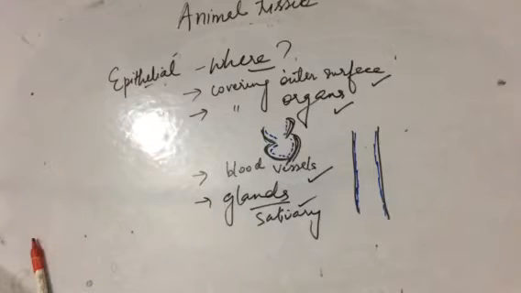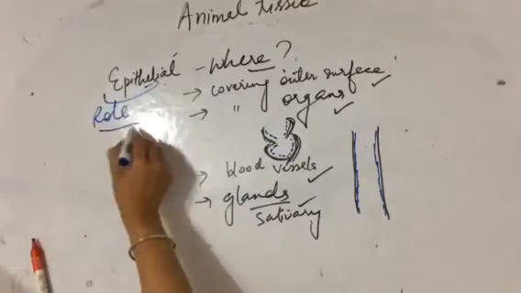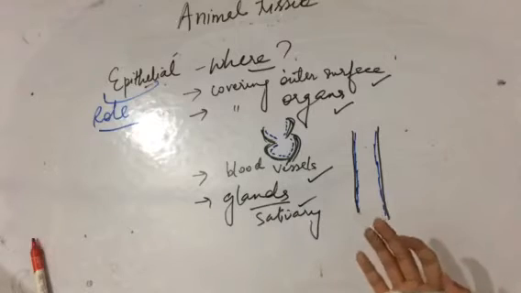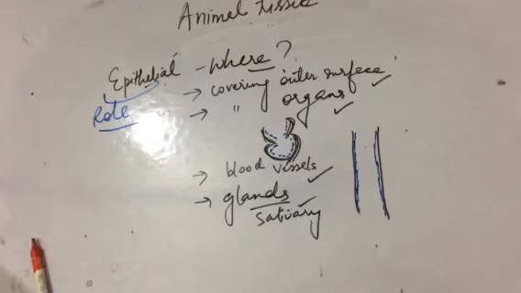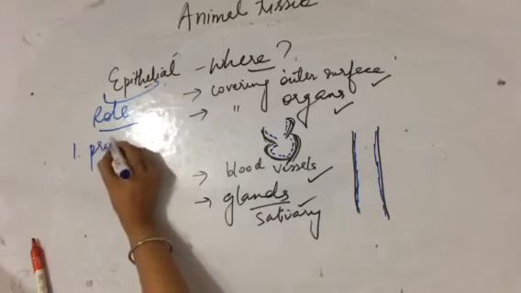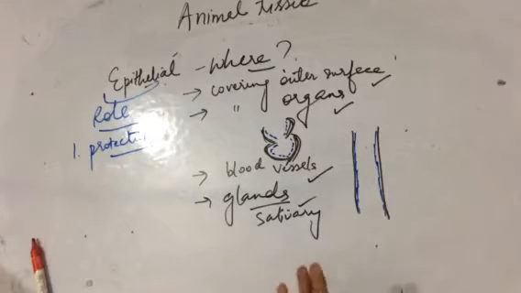So what is the role of epithelial tissue? What role is this epithelial tissue playing in your body? If it is lining your body and your organs, that means it is protecting you from injuries and germs. So the number one function is protection from injury, and it does not allow germs to enter the body.